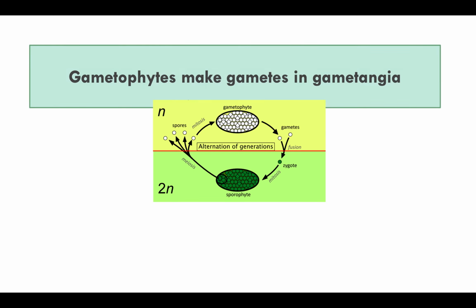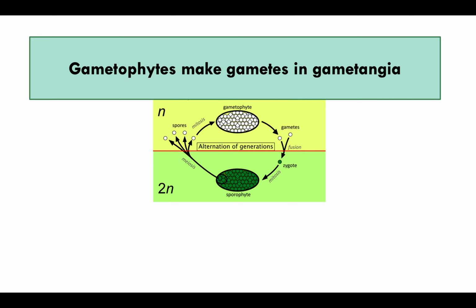So don't forget, gametophytes make gametes in what are called gametangia. Gametangia are little houses for the gametes, right? Think later on, next week, when we talk about pollen. Pollen would be the example of the gametangia, and the gamete would be sperm, okay? So that helps you put it into perspective a little bit.